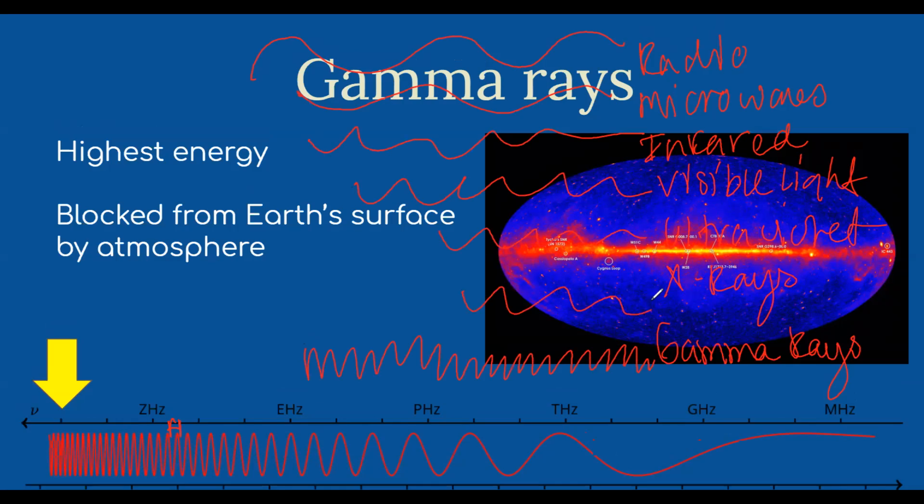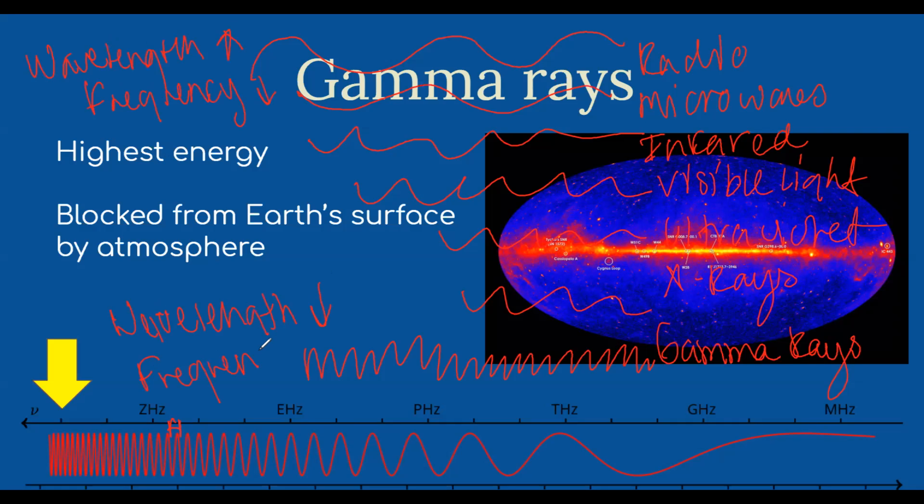So the inverse relationship is: wavelength is high here, but the frequency is low. And then when we get over here, wavelength is low, frequency is high.